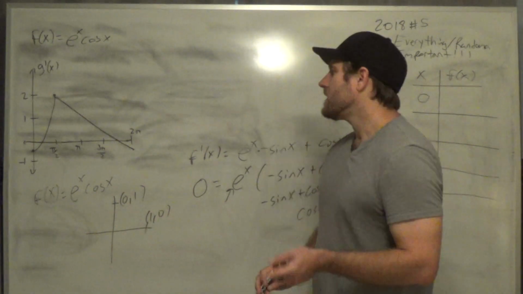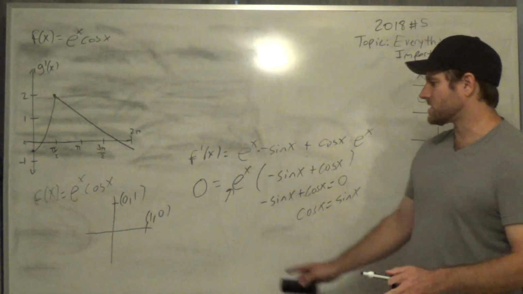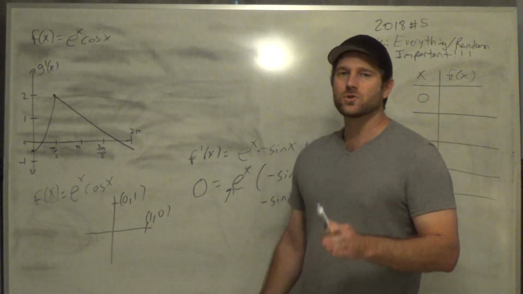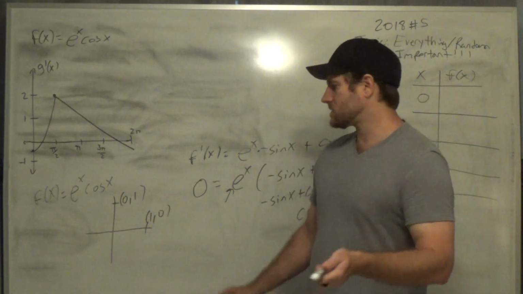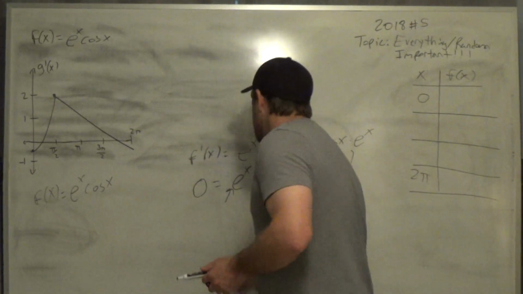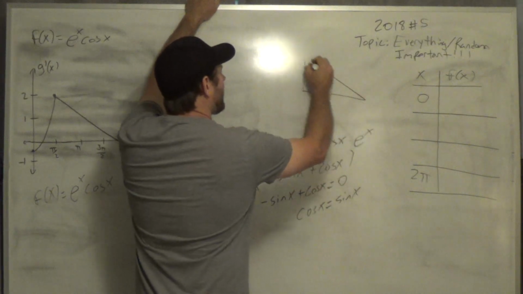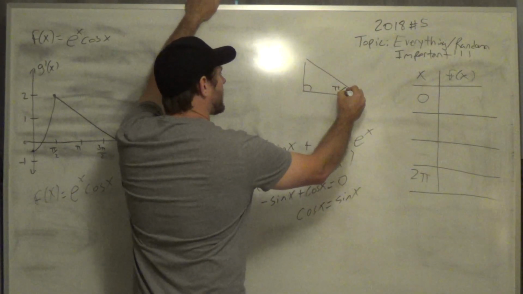So remember, on the AP exam, when it comes to sines and cosines and tangents, you're responsible for quadrant angles and your triangles, your pi over 3, pi over 6, pi over 4 triangles. So let's go ahead and look at those 2 triangles. Why do I know it's not a pi over 6 triangle?